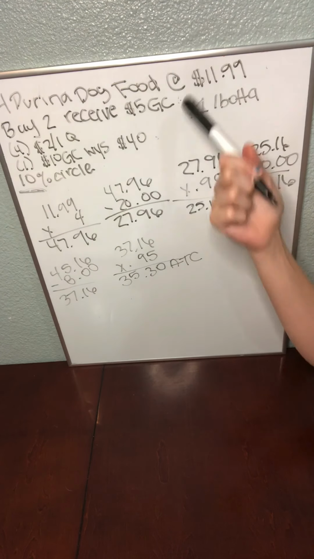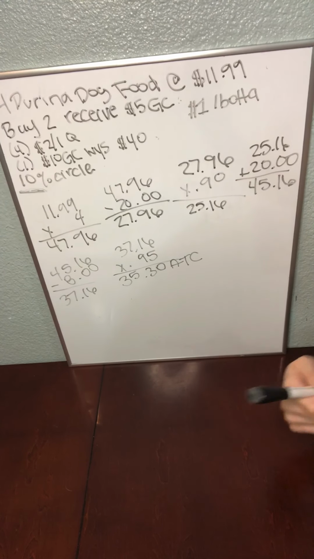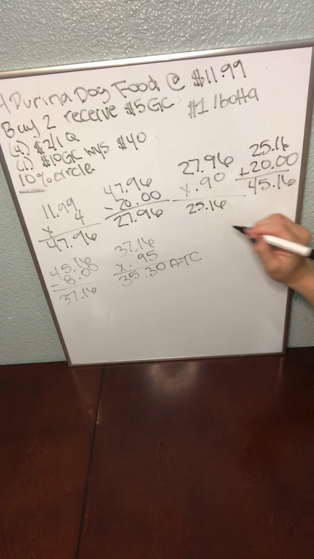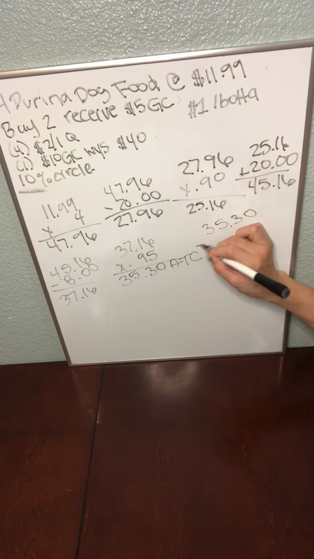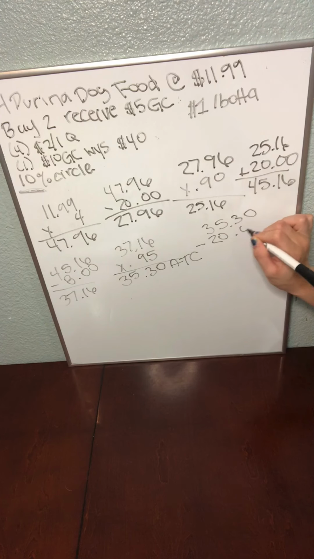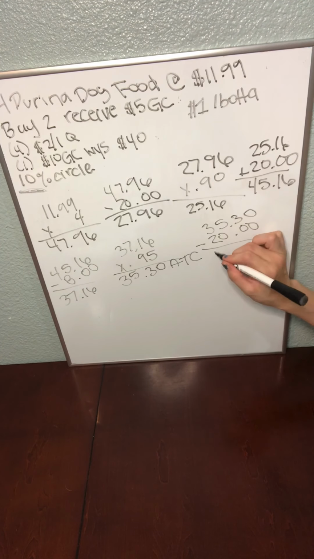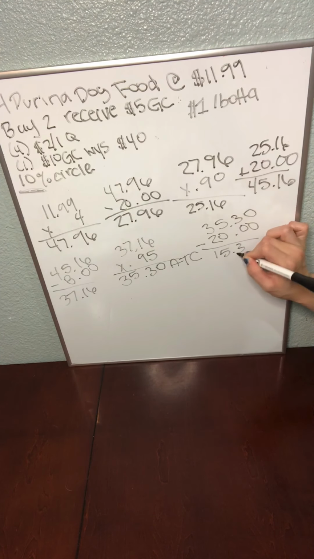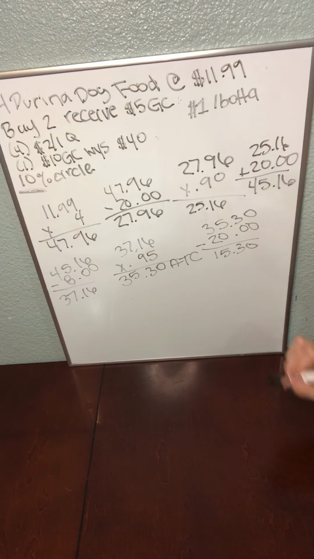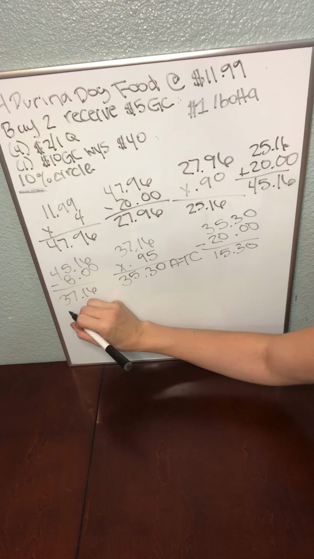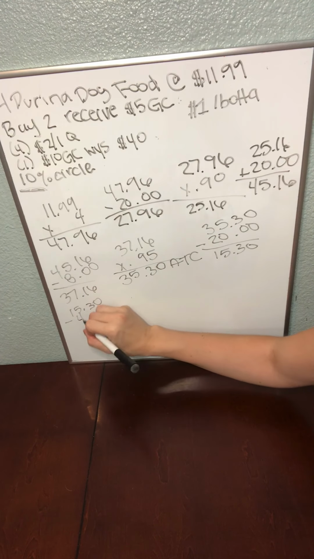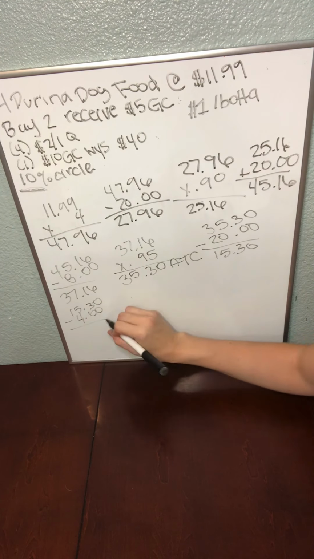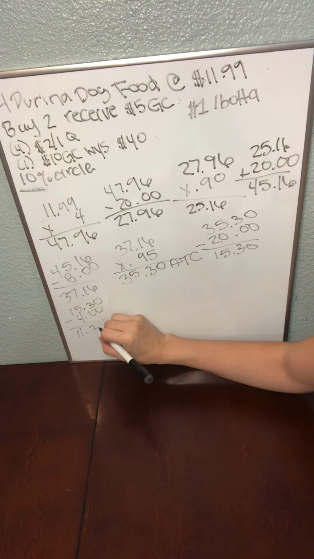And just like the previous steps here, we're going to factor in the things we're going to get back. So we have $35.30 minus the $20 in gift cards we'd get. That'd bring us down to $15.30. But we also have the Ibotta. So $15.30 minus $4 in Ibotta would be $11.30.